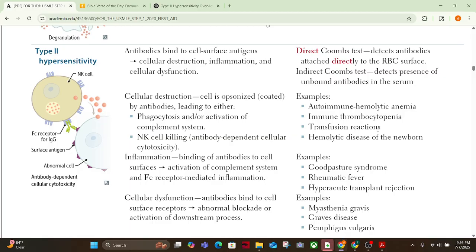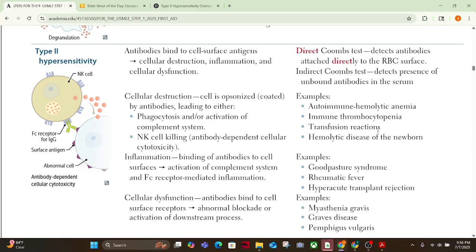So what happens is, since I am O negative, that means I don't have an Rh antigen. And let's say my first baby is A positive.